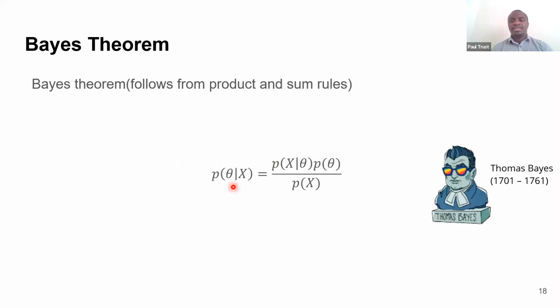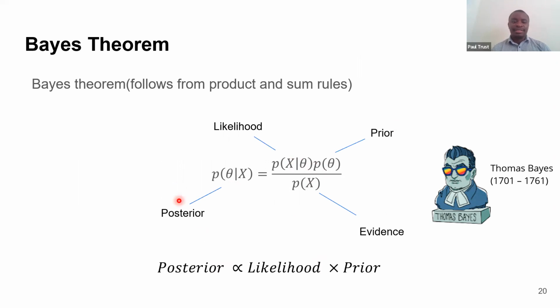Now we are just putting theta given x equals probability of x given theta, probability of theta, over probability of x. So in the language of probability, this is what you may call the likelihood, this is the prior, this is the evidence, and this is the posterior. So these are very important.